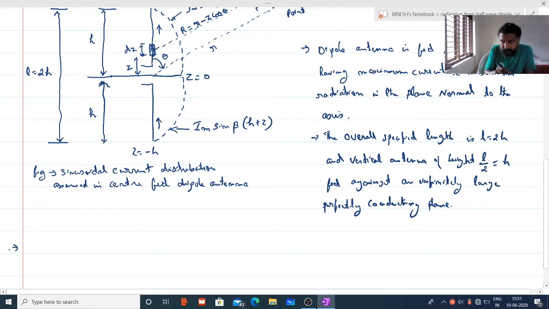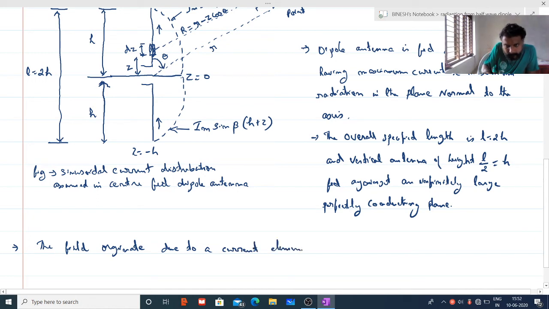From here itself I will write the next point: the field originated due to a current element I dz.